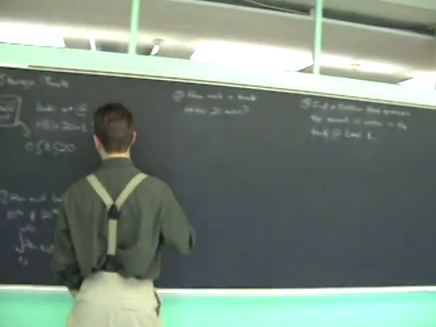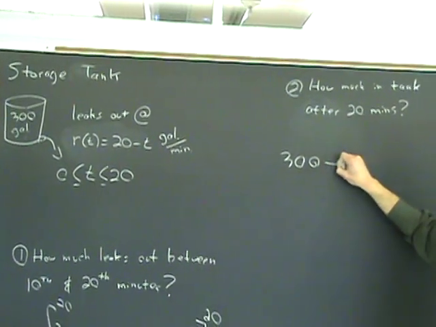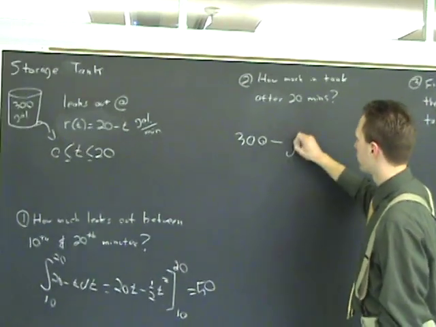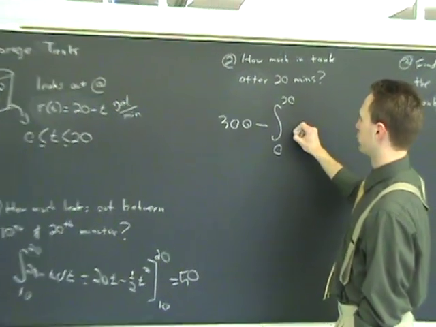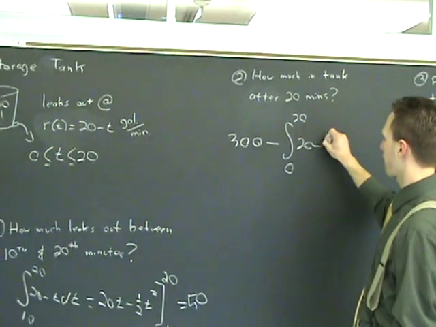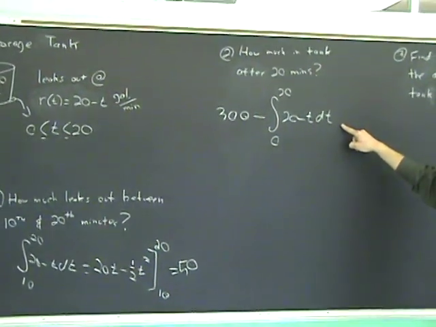So it's going to be the initial 300 gallons minus, because it's leaking out, the integral from 0 to 20 of 20 minus t dt. I could evaluate this.